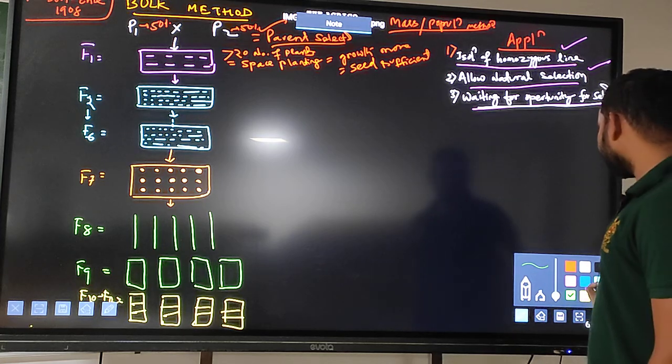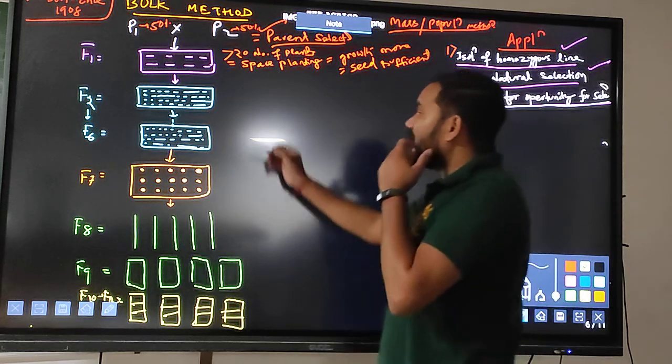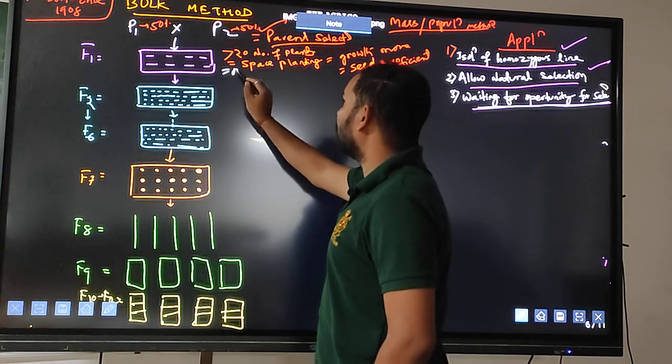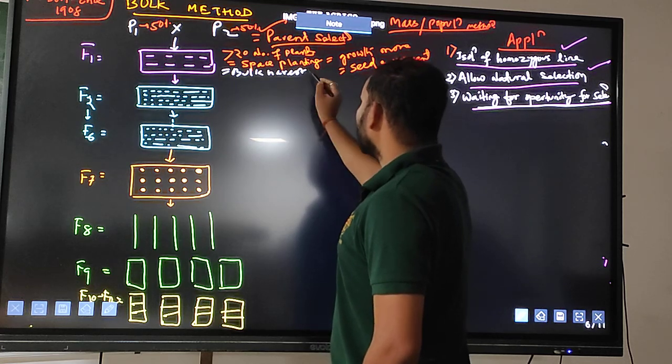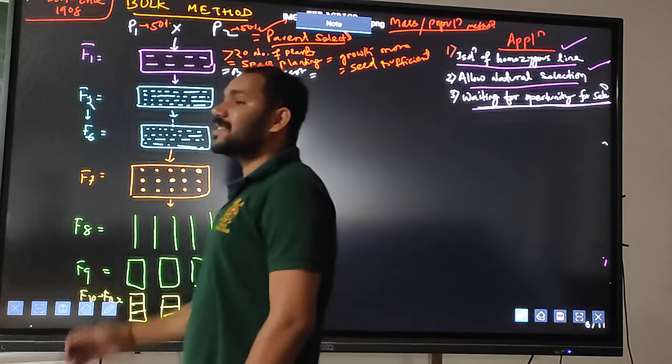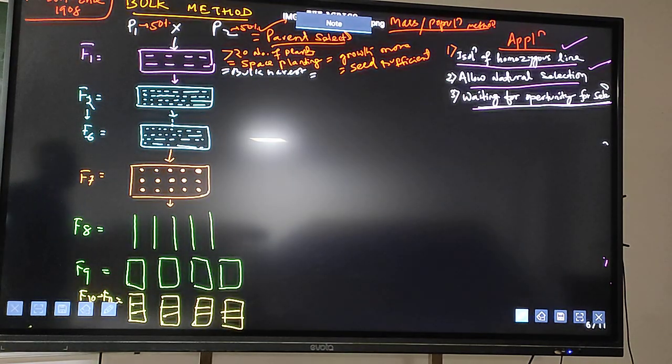Now move on. In the F1 generation we will go for bulk harvest. How many plants are transplanted, or how many plants are there in the F2 generation?